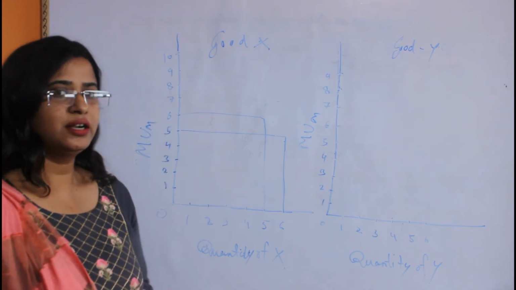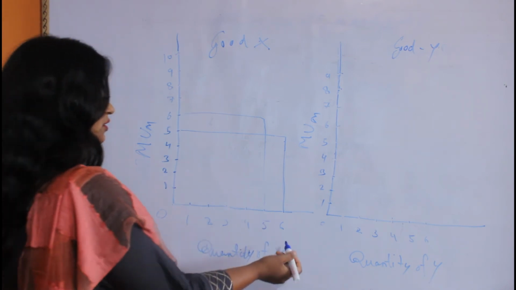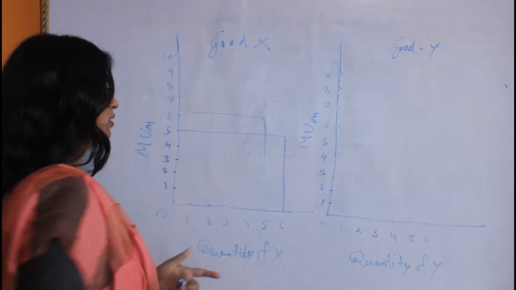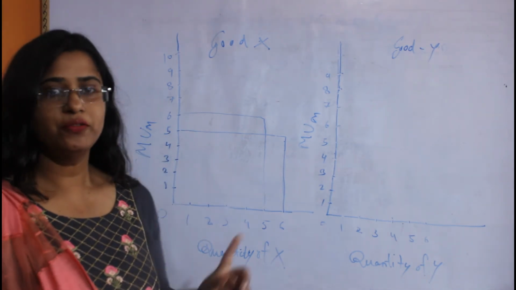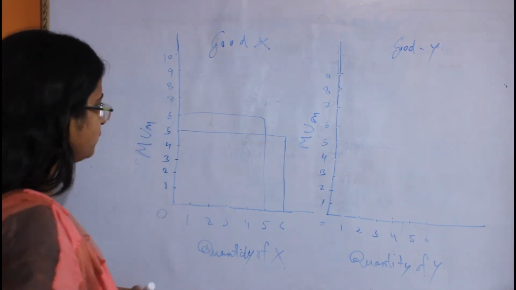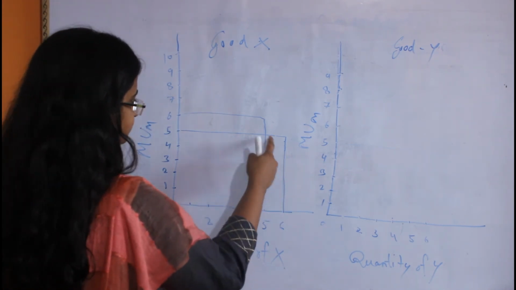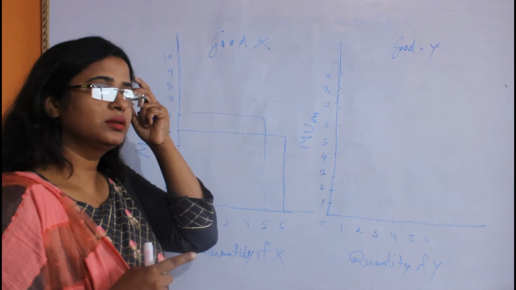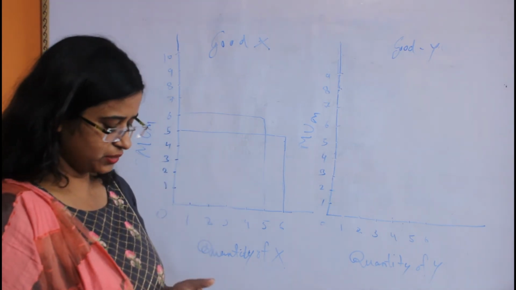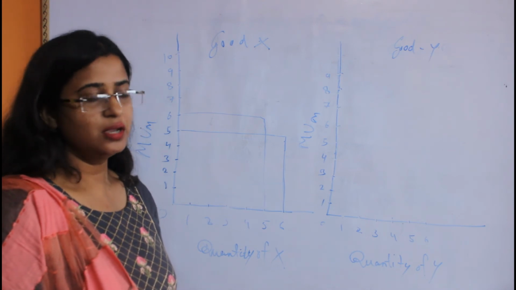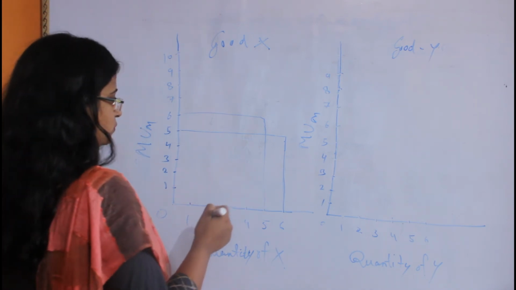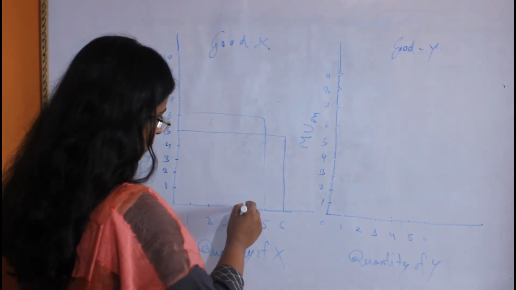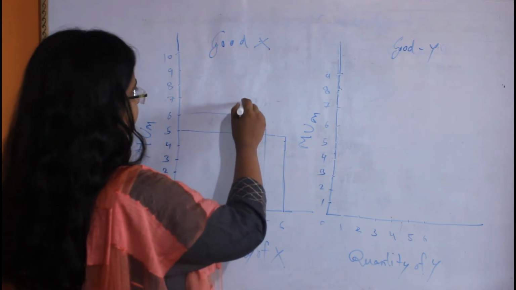We have seen in the table that the 6th unit of commodity X gives 5 units of marginal utility of money. So we will draw it like this. The marginal utility of the commodity is downward sloping, so the marginal utility of money curve will also be a downward sloping curve. So I will draw the coordinates for all the units.